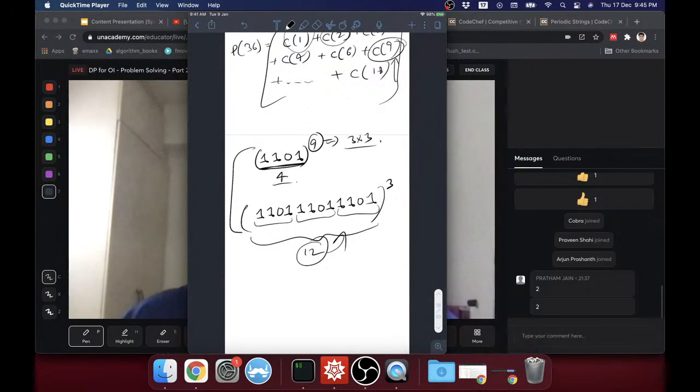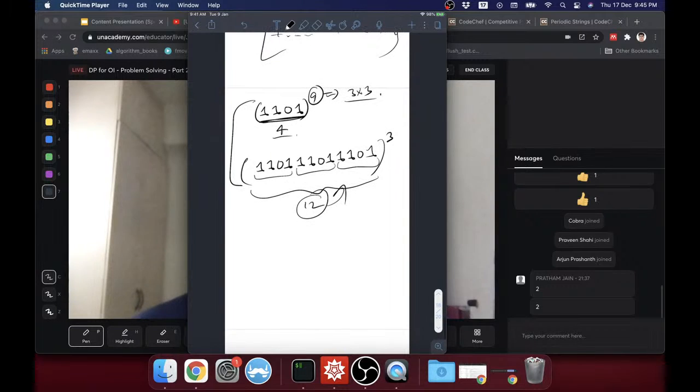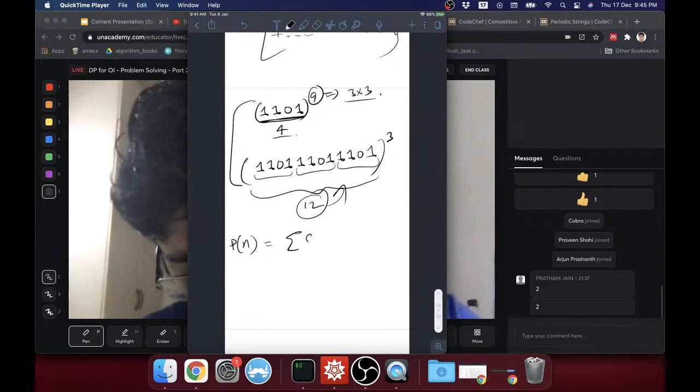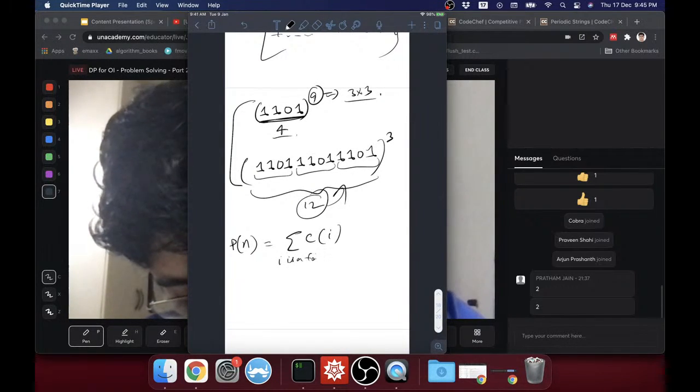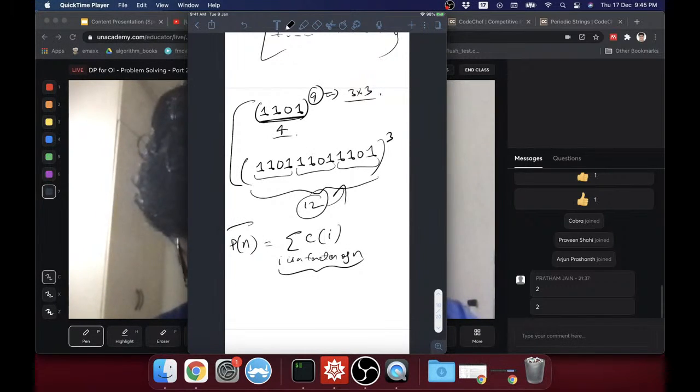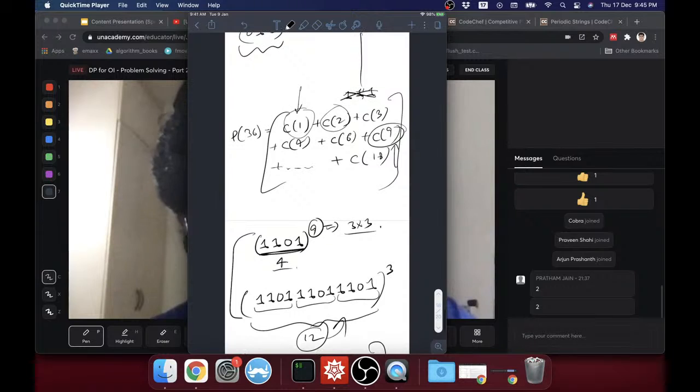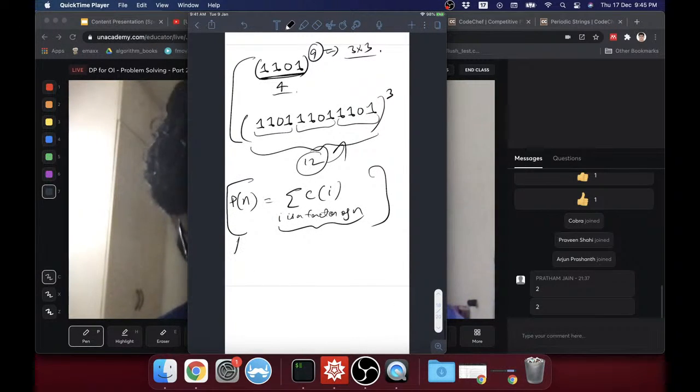Now realizing this is hard, like this is like a pattern thing basically. So you have P of n is equal to summation of contribution Ci, where i is a factor of n. This is like the generalized formula I was earlier using for 36 as an example. Now if we generalize it, it looks like this, that you're just iterating over the factors and each factor is contributing something. We still don't know how much it's contributing, we still have to figure that out.